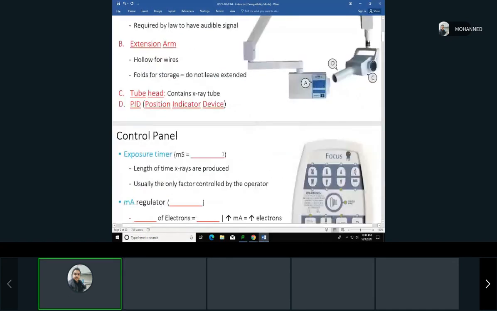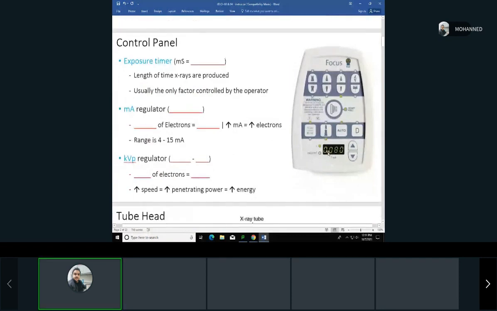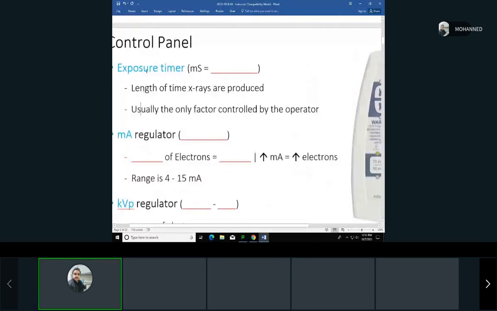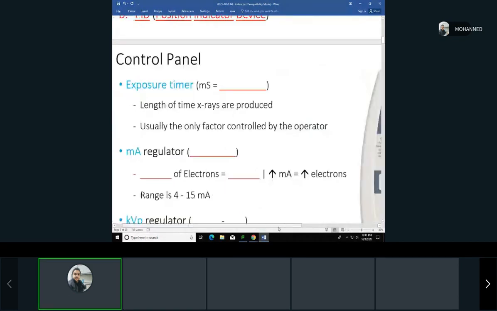That is good. Now we'll talk about each part, well, not all of them, but most of them, of the X-ray machine. The control panel, as we said, controls the exposure time, the MA, and the KVP. This is the control panel. It can be all different, but that's the usual look of it.